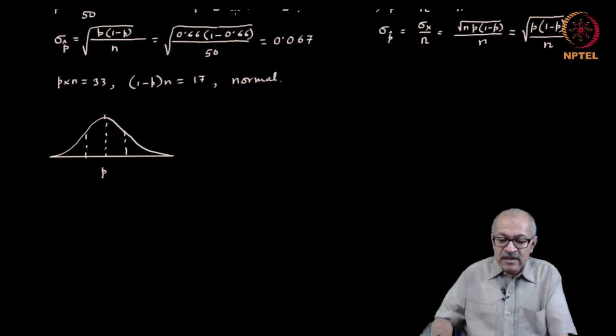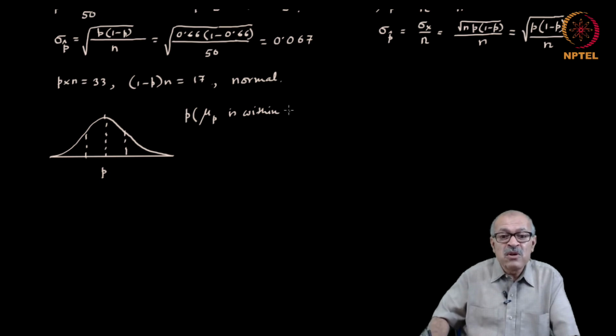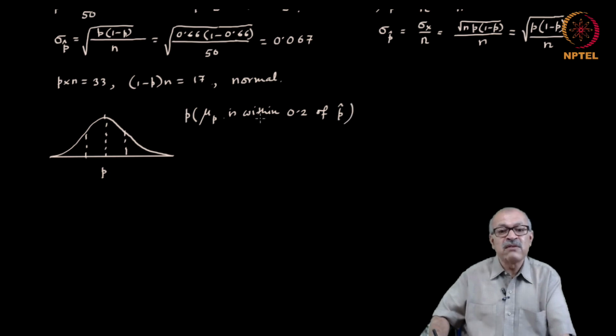So, probability that P is within 0.02 of the mean. This is what we are trying to calculate.